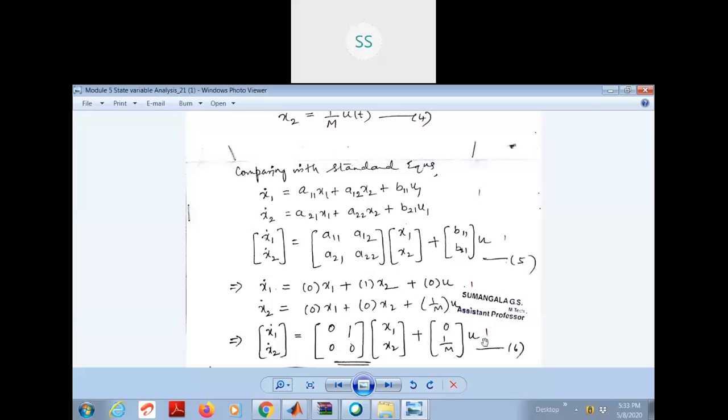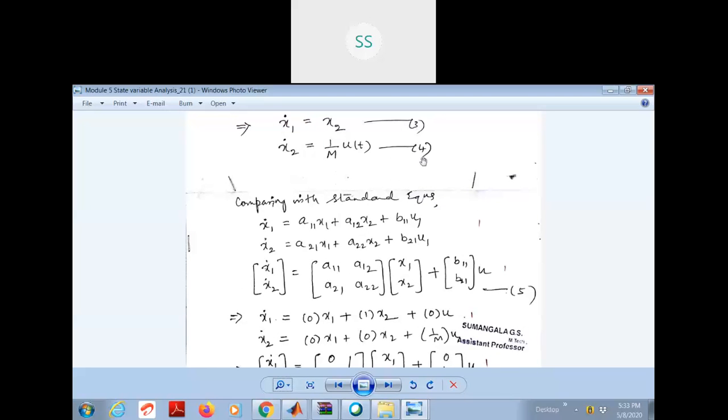Now just compare equations 5 and 6. These are the two standard equations whose dimensionality is reduced according to the given problem, so that it contains only two state variables and one input. Hence there are only two state equations, and we have written them in matrix form: the a11 a12 a21 a22 coefficients into x1 x2 plus this b vector. We already derived state equations 3 and 4 from the given problem.